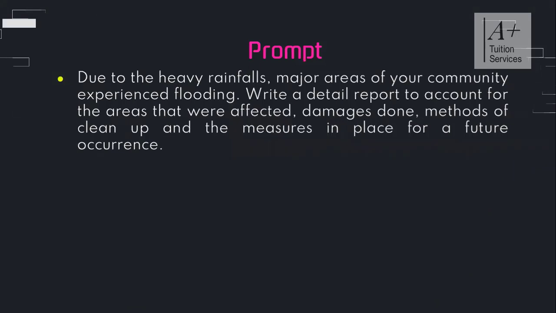And the prompt is, due to heavy rainfalls, major areas of your community experience flooding. Write a detailed report to account for the areas that were affected, damages done, methods of cleanup, and the measures in place for future occurrences. So now, when you're talking reports, and you have a prompt for a report, it is wise to always give the examiner what they asked for.